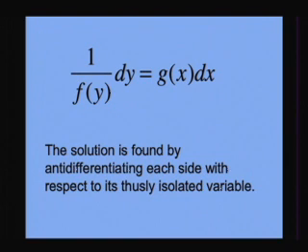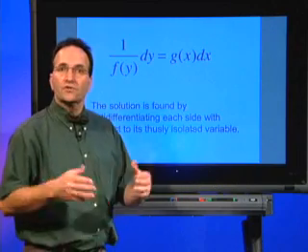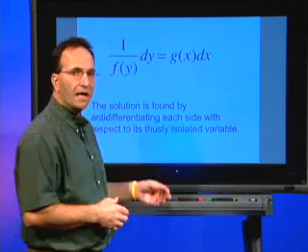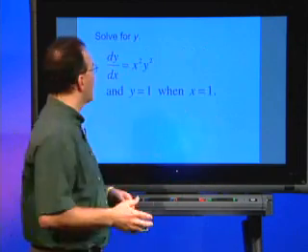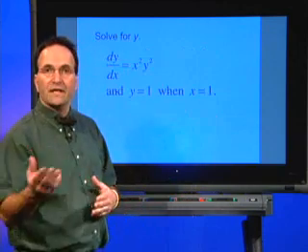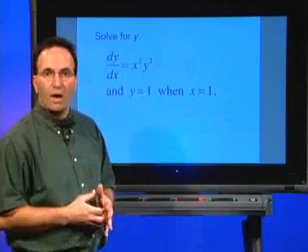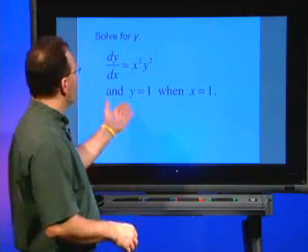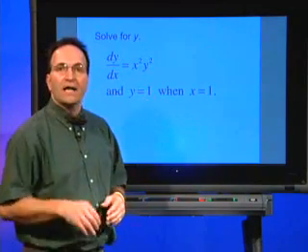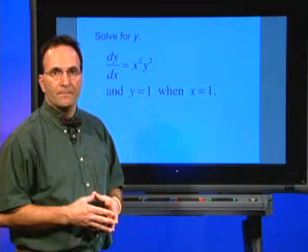The solution is found by anti-differentiating each side with respect to its thusly isolated variable. So let's look at an example where we can apply this. Let's solve for y in the equation dy/dx equals x squared times y squared, when x is equal to 1, then y is equal to 1.